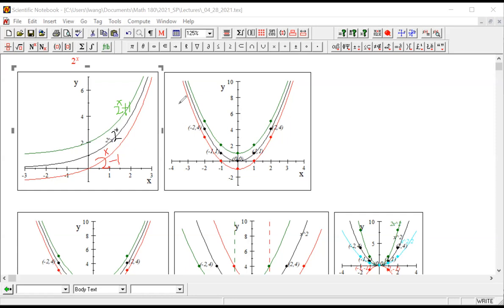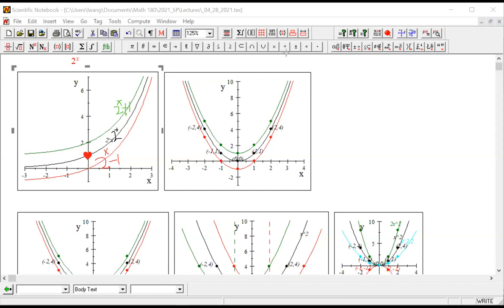So it's a vertical shift. Let's see what that implies. The y-intercept that was here, for 2 to the power x plus 1, is shifted up by 1 unit. I should be using green, to be a little more color coordinated. So 2 to the power x plus 1 is shifted up.